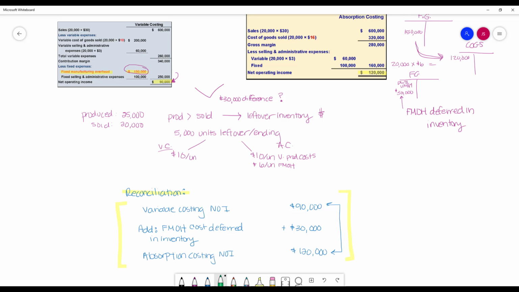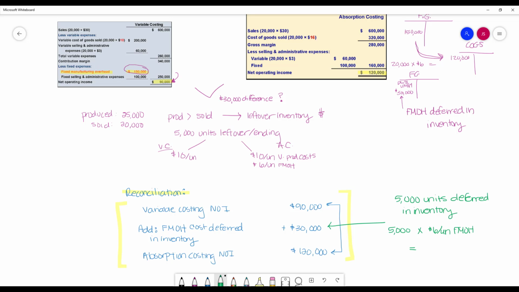And again, where is that $30,000 coming from? Well, we have 5,000 units deferred in inventory or left over in inventory. And each of those 5,000 units, under both systems, have $10 of variable production cost attached to them, but under absorption costing, each of those 5,000 units has an additional $6 per unit attached to it just for fixed manufacturing overhead incurred for the period.